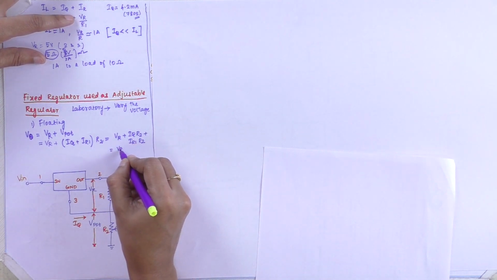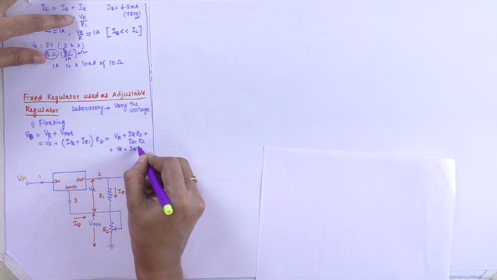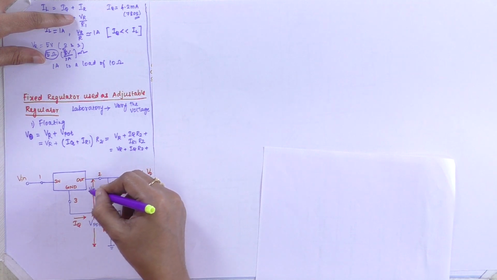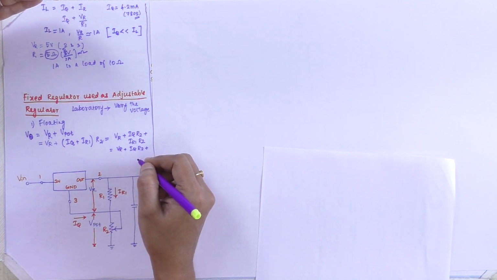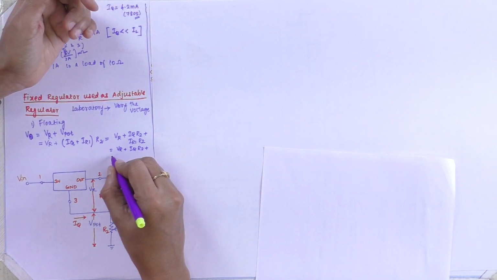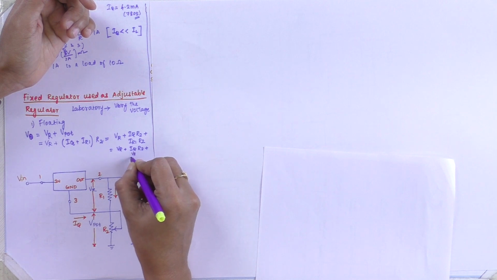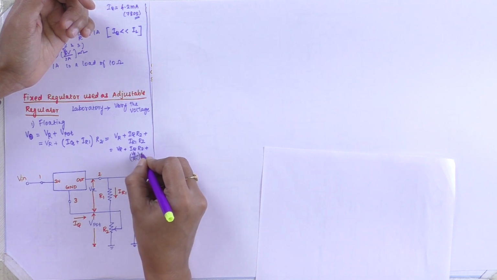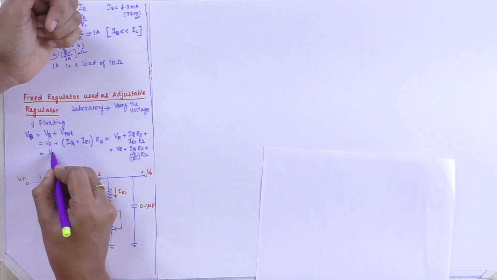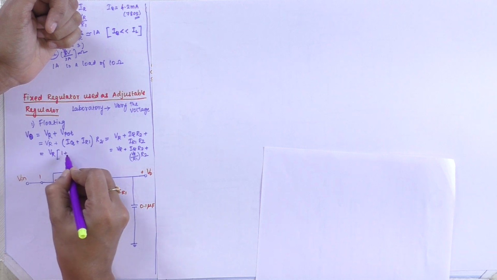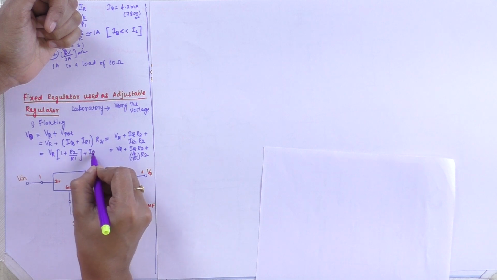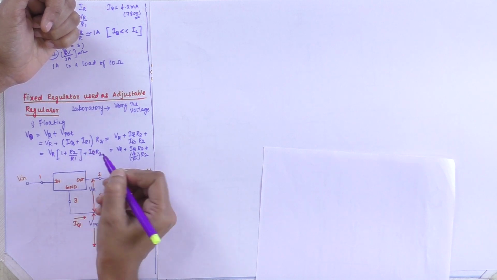Again we can write VR plus IQ R2 plus IR1, where IR1 is nothing but the voltage VR across the resistor R1. Since I is equal to V by R, I can write VR divided by R1 into R2. Now in this expression I take VR as common: V0 equals VR times 1 plus R2 by R1, plus the quiescent current IQ multiplied by the R2 resistance.